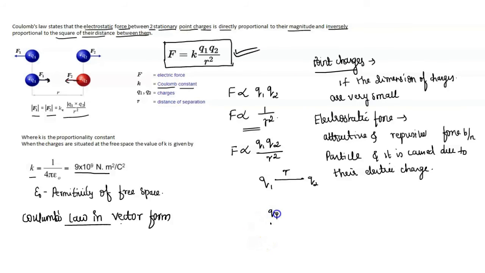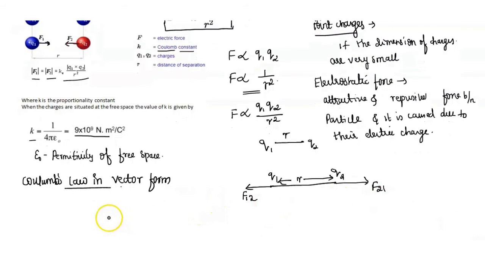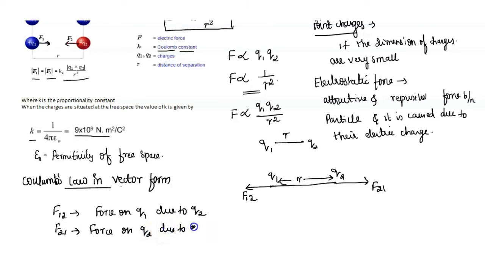Consider Q1 and Q2 separated at distance r, then the force of repulsion on Q1 due to Q2 will be F12, and the force of repulsion on Q2 due to Q1 will be F21.